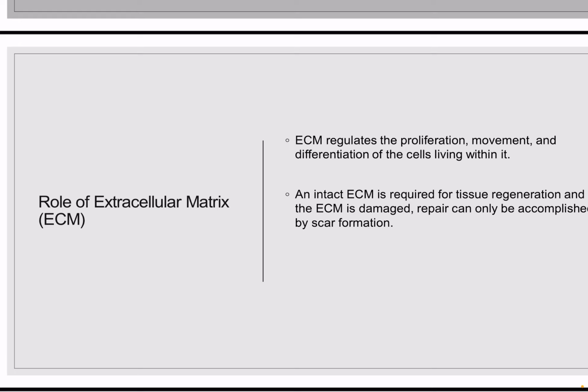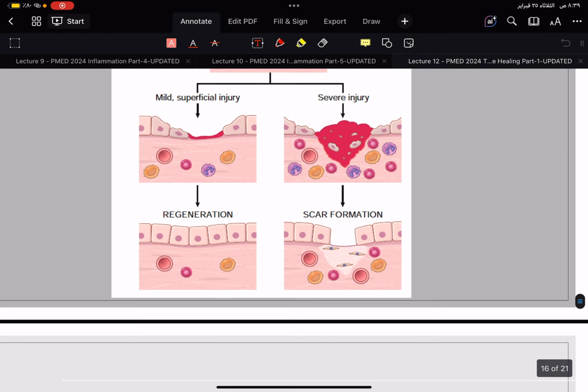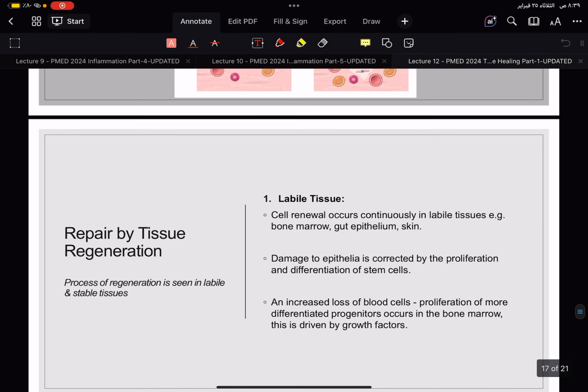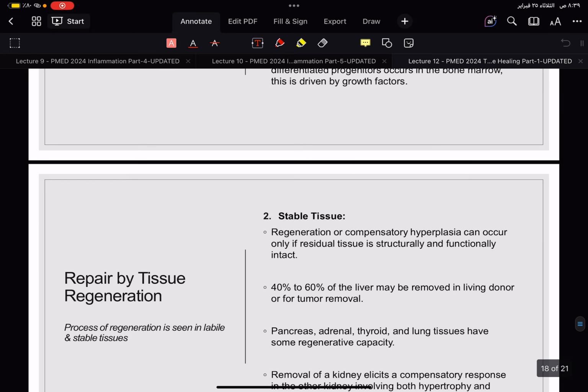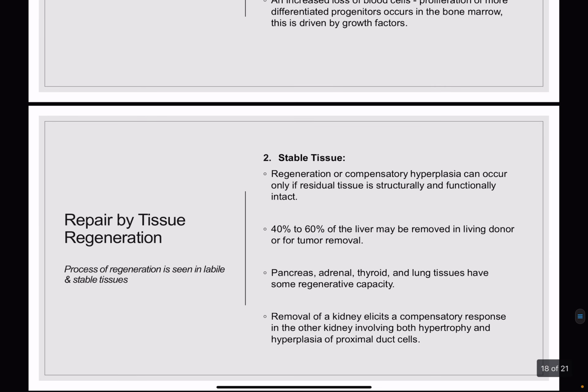Similarly, if you have a tumor, 40 to 60% of your liver can be taken away. Liver is a very, very highly proliferative organ, only when it is stimulated. There is a story, it's given in the pathology book actually, it's not a story from Google or social media. They said in the Roman era they punished a person by putting him at the top of a mountain and they tied him up. And there was an eagle who used to come and take a part of his liver.